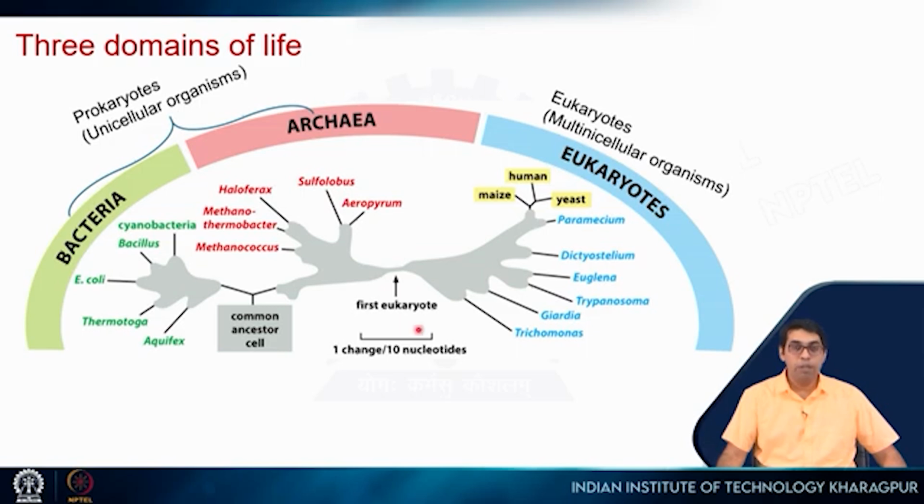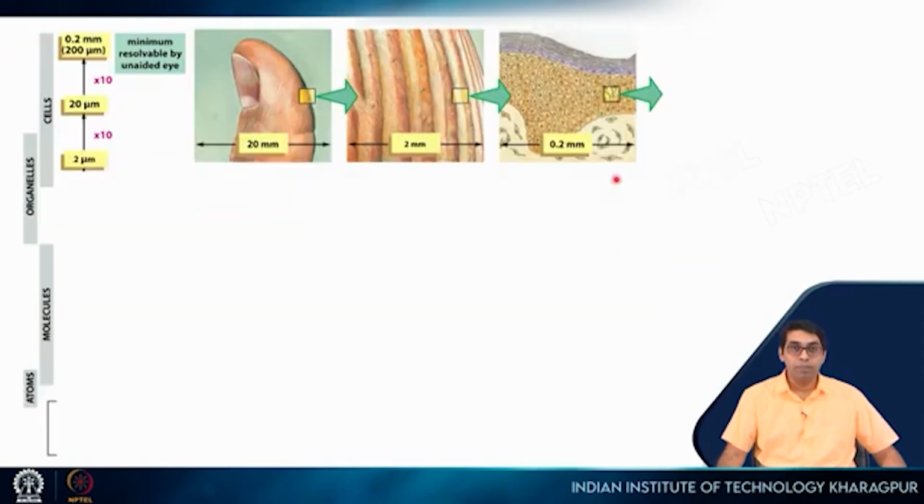I will discuss the evolution of life in more detail in another week's lecture. Briefly, bacteria and archaea are both unicellular, and together they are called prokaryotes. Eukaryotes can also be unicellular, but they can also be multicellular. All plants and animals are eukaryotes.